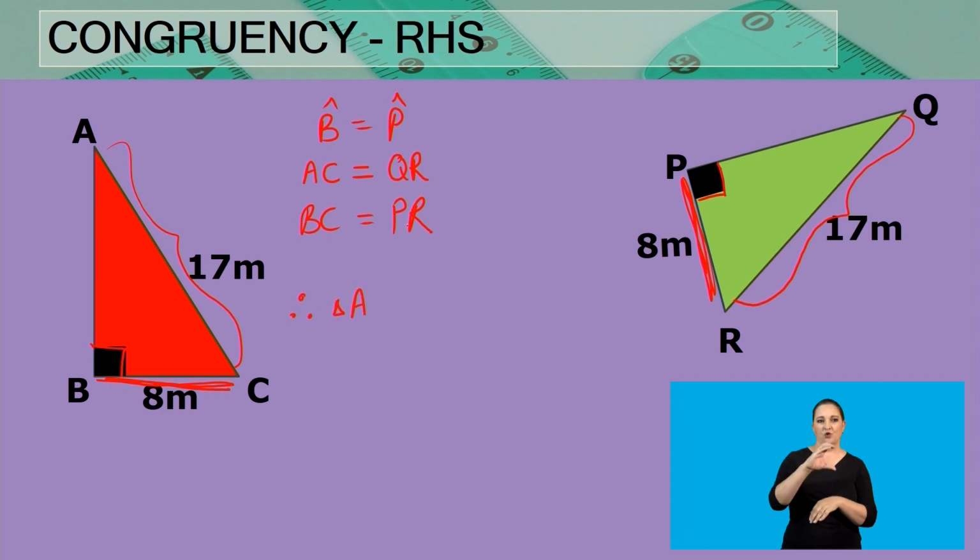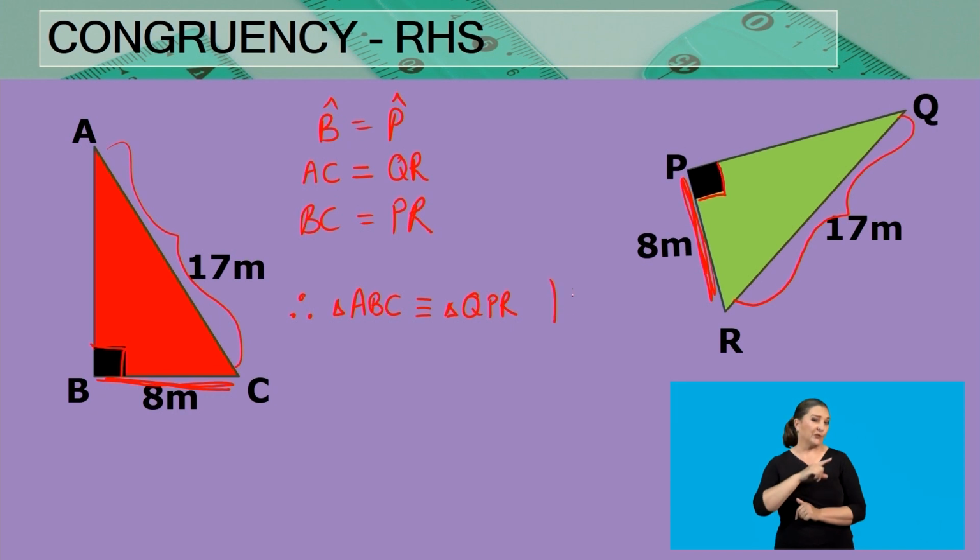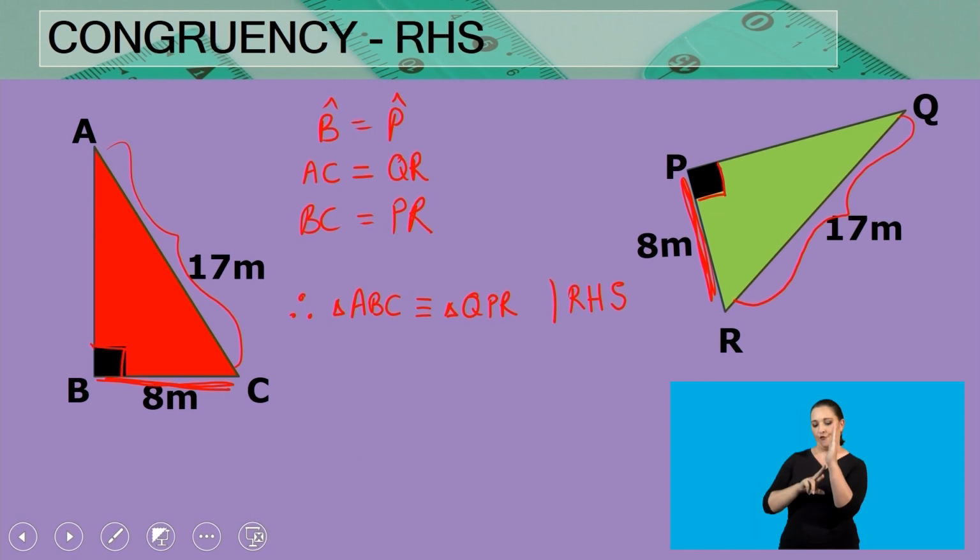So there, that is triangle ABC, and of course, that symbol for congruency. And we will say that it is congruent to triangle QPR. And what is our reason for saying that? That is right angle, hypotenuse, and a corresponding side.